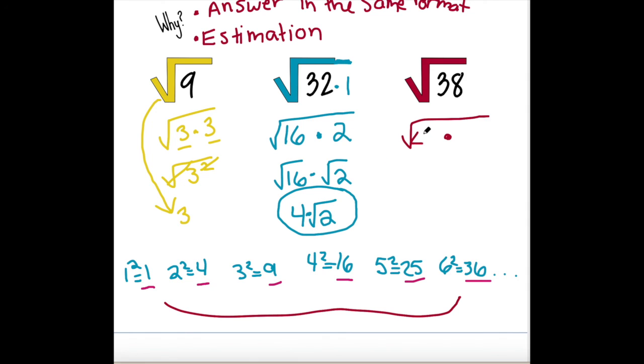We want to have nice whole numbers, so 4 would not work. We could check 16, that doesn't work. 25, that doesn't work. So in this case, there are no perfect squares that nicely multiply to give me 38. In that case, what we end up saying is it does not simplify.